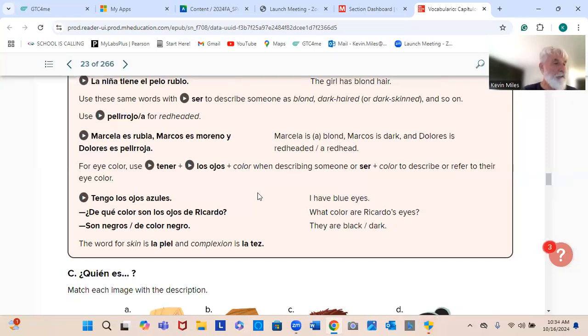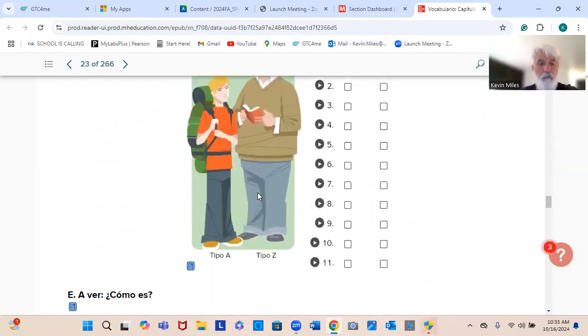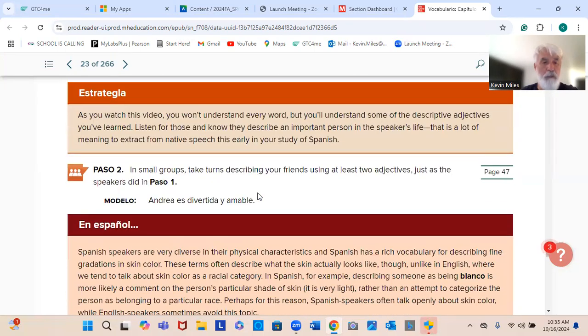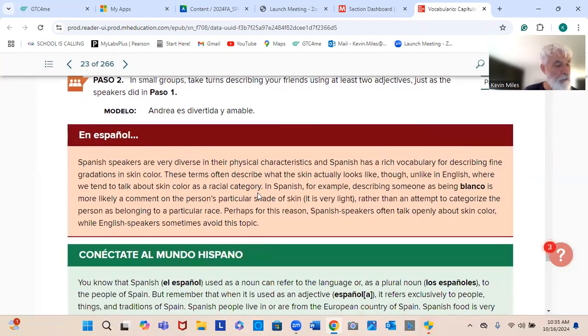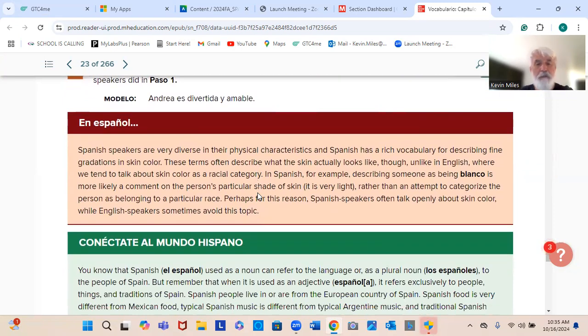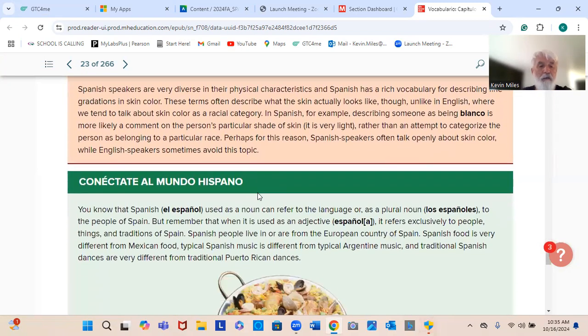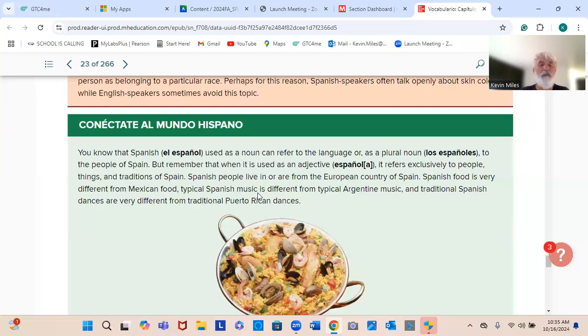Okay. And then I wanted you to take a look here. On page 47, a little bit beneath the section in adjectives, there is a Conéctate al Mundo Hispano.